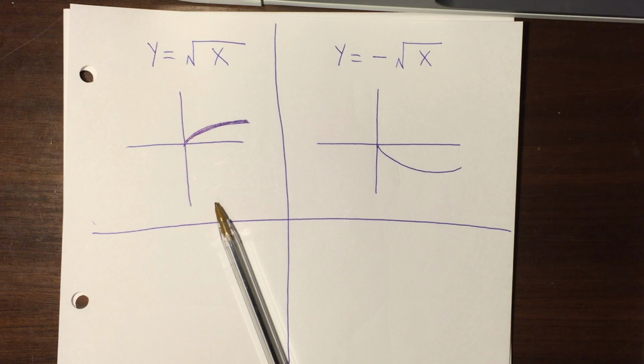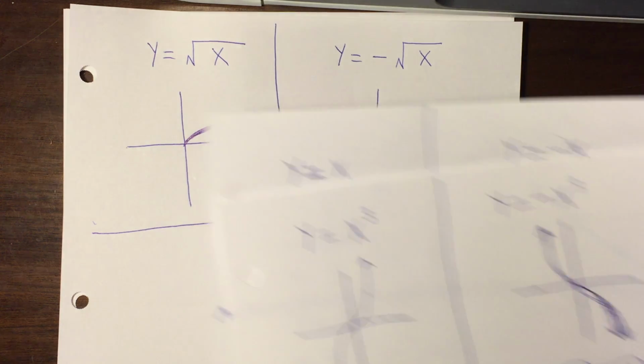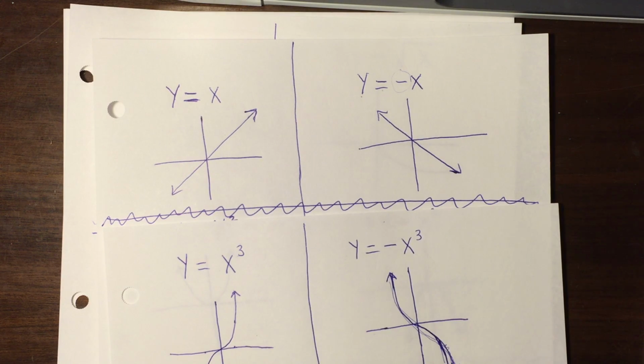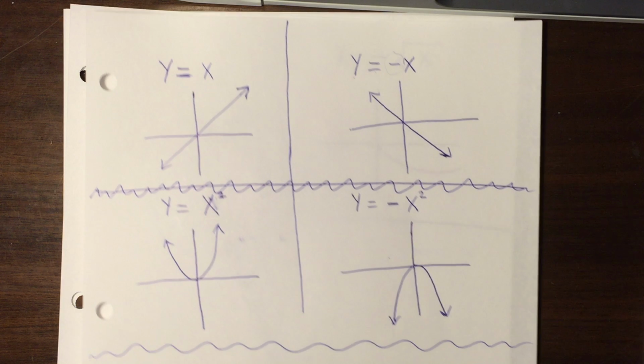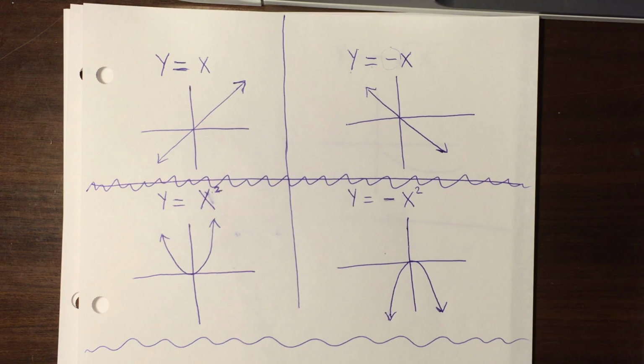So let me put the ones from before and just kind of like a quick review so that you can see the difference of all of them. What do we have here? So we started with the ones that we learned before.